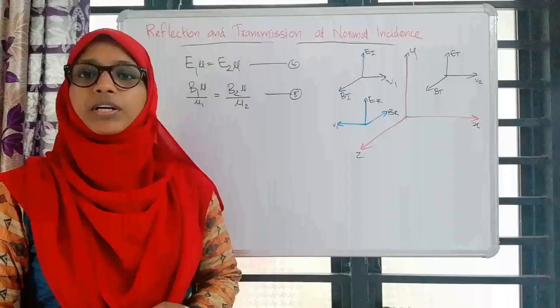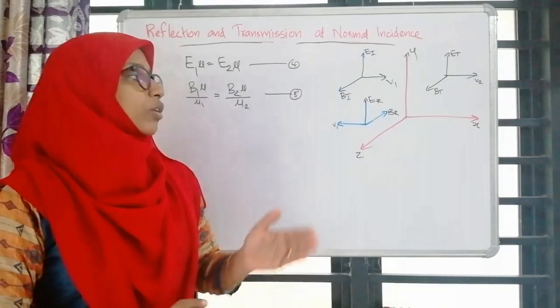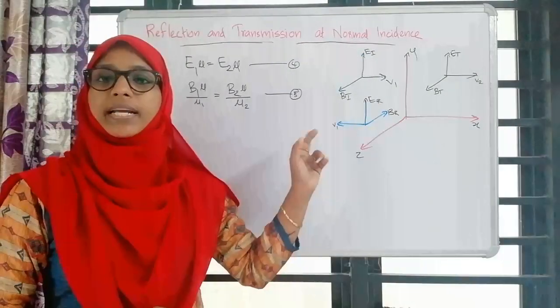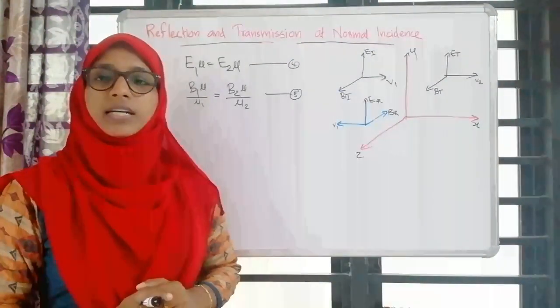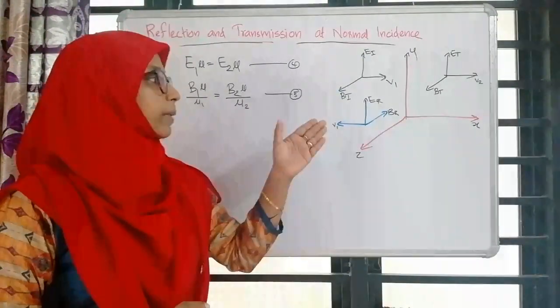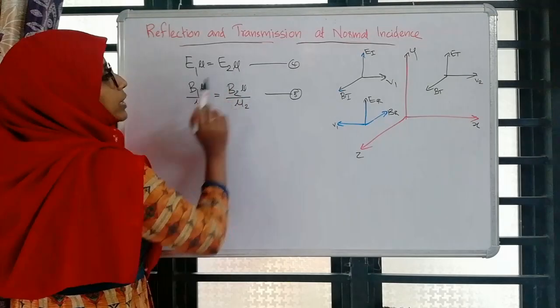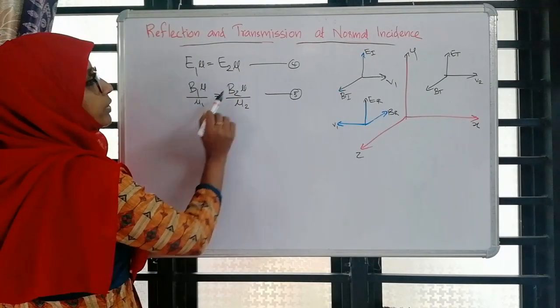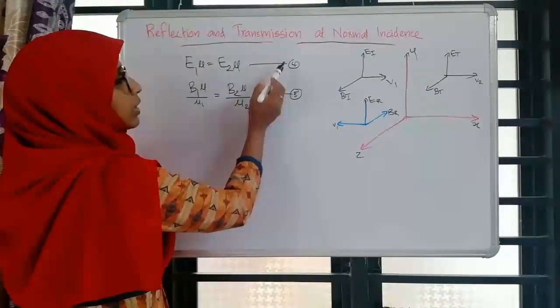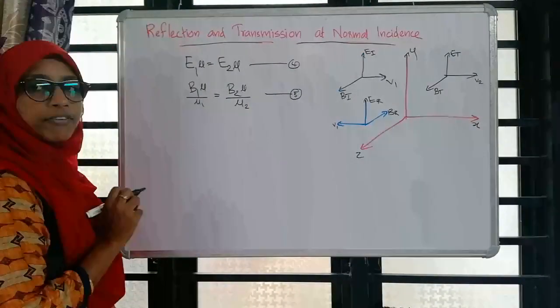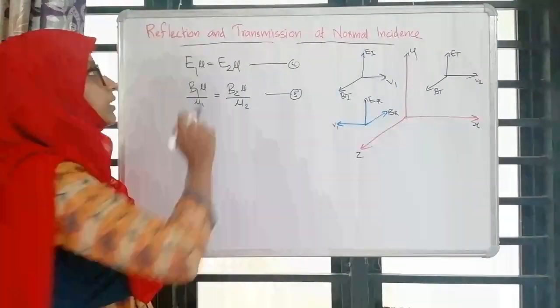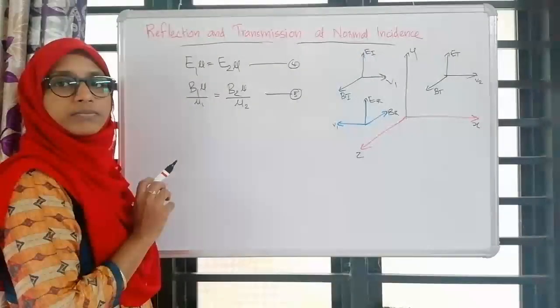So, no need to represent the boundary conditions which are perpendicular to the boundary. So, we are considering E1 parallel is equal to E2 parallel and B1 parallel by mu1 is equal to B2 parallel by mu2 as equation numbers 4 and 5, which we need to derive the theory of reflection and transmission.